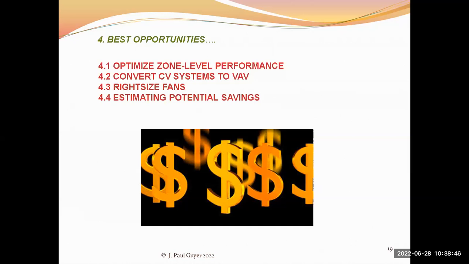But converting a constant volume system to a variable air volume system is a really good thing to try to do from an energy conservation standpoint. And then the other third major improvement that might be made is to right size the fan.